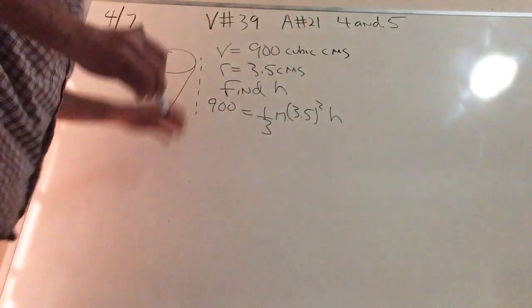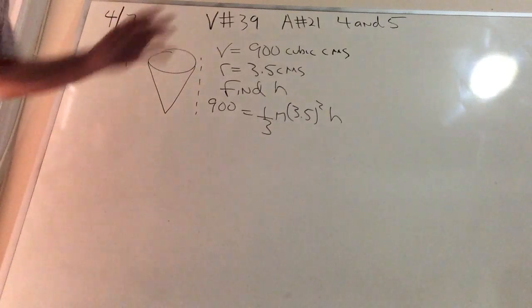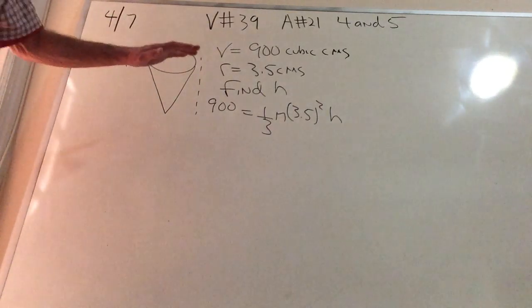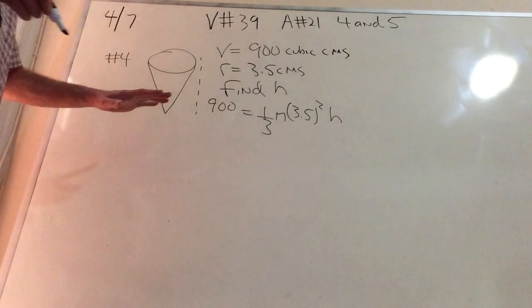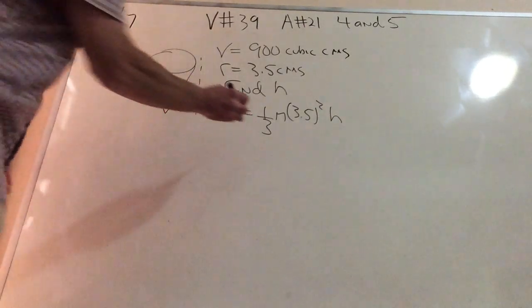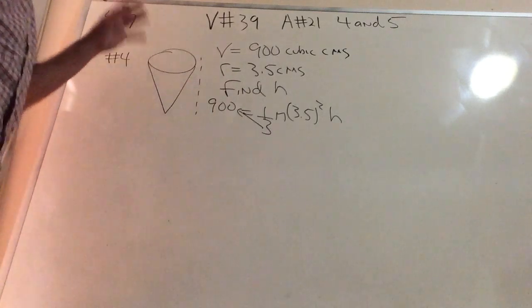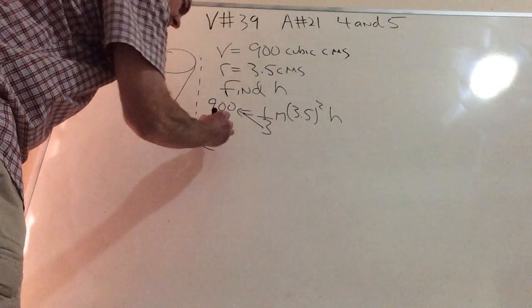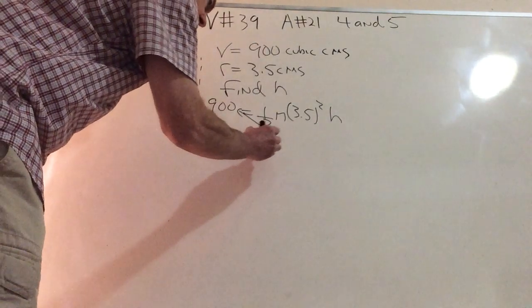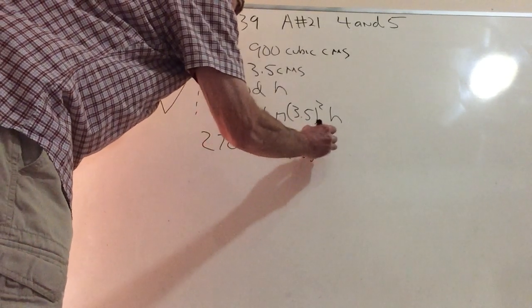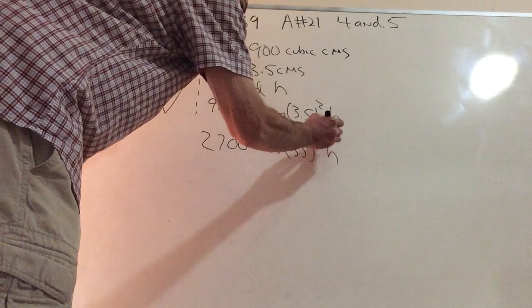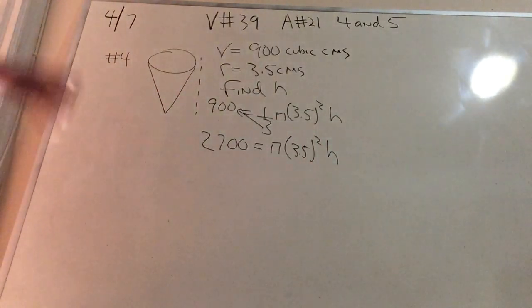Now again, I've mentioned this again and again, there are different ways to do this. I always have algebra in the back of my mind, I have to confess. So I'm going to multiply this by 3 and come up with 2700 equals pi 3.5 squared h. And of course the variable is h here, I'm solving for that.